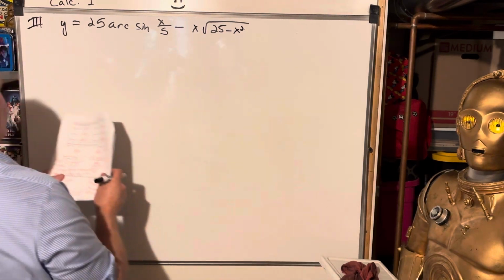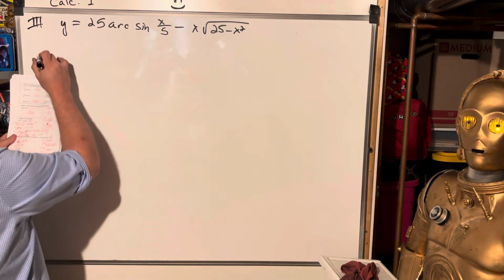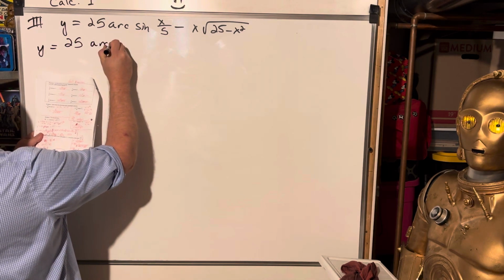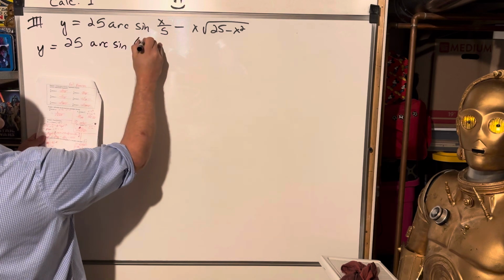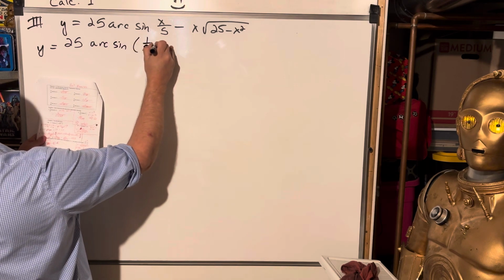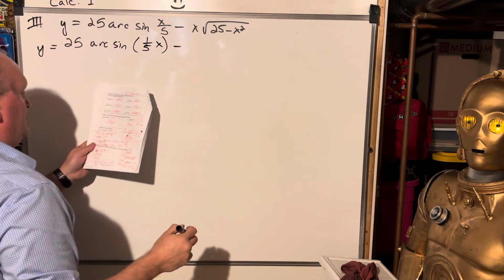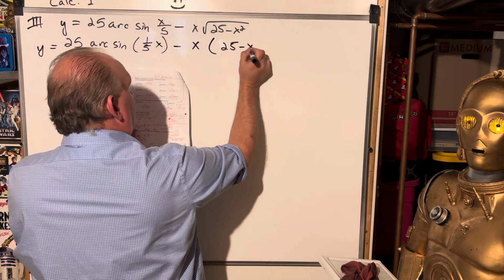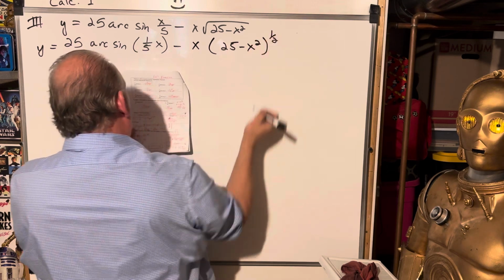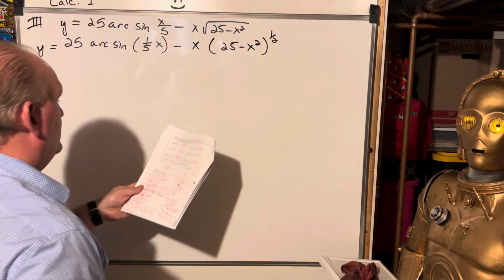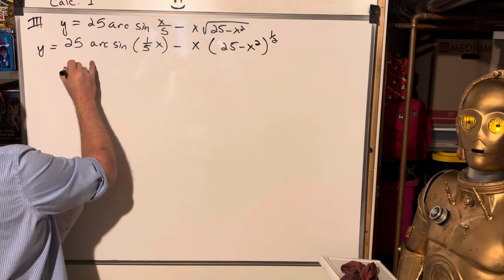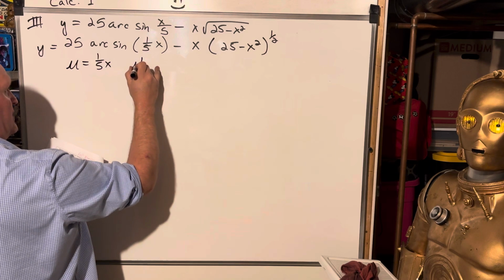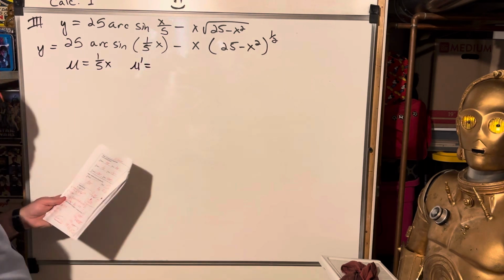Okay. So we got y is equal to 25 arc sine of 1/5 x minus x times 25 minus x squared to the 1/2 power. And this one, we'll do the u substitution, 1/5 x, and u prime is 1/5.